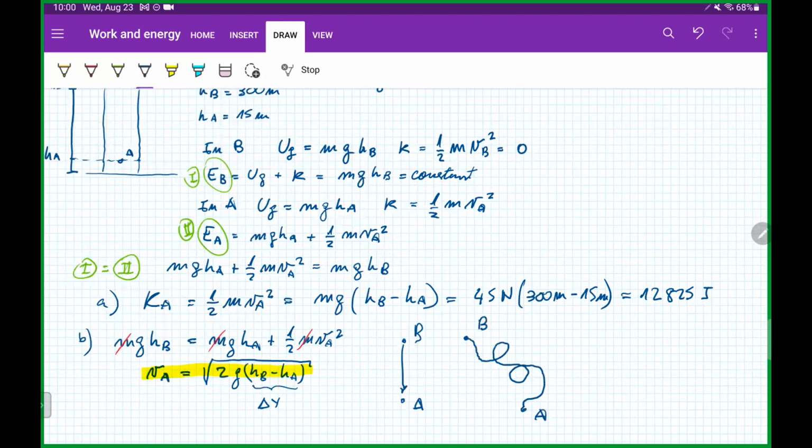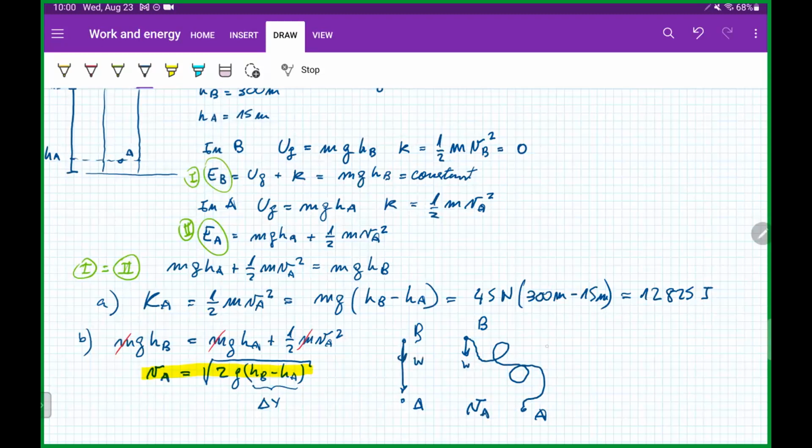So the speed at A would be the same. It's not changing at all, only if the only force taking part here is the weight, right? So if we have weight, it doesn't really matter the trajectory that the particle is following.